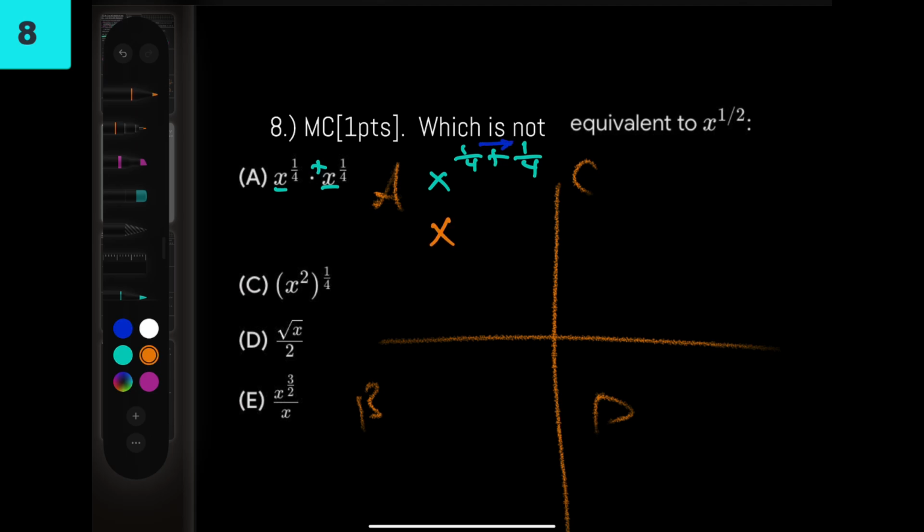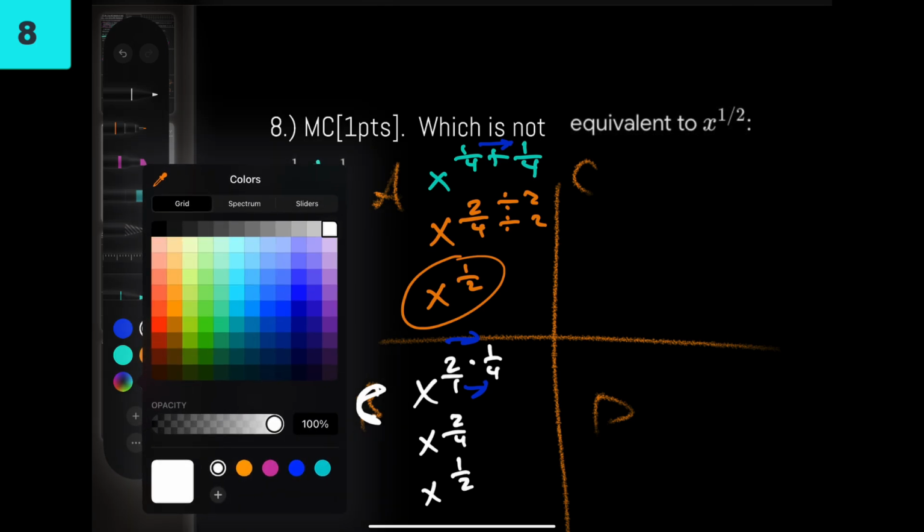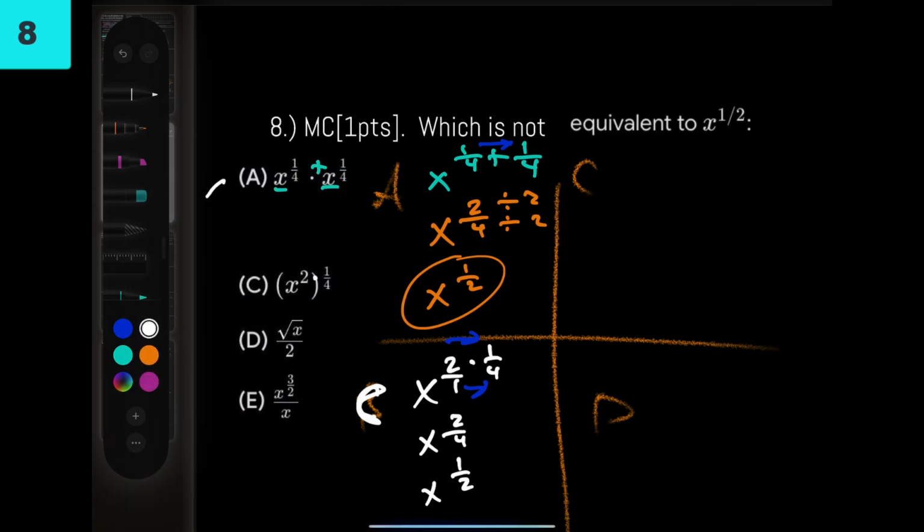So that'd be x to the 2/4, divided by 2, you're going to get x to the 1/2. C, x to the 2. This one you have a power to a power, so then you're multiplying. Make that a fraction. For fractions, you can multiply across. So this gives me x to the 2/4, and same thing as above, that'll give us x to the 1/2. So let's write that. x to the 1/2, x to the 1/2.